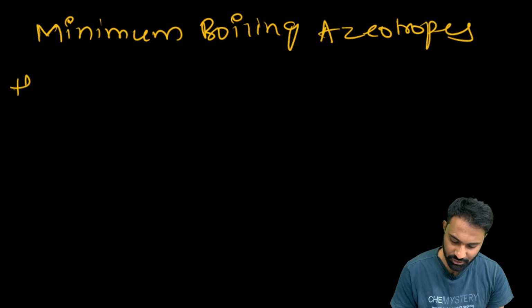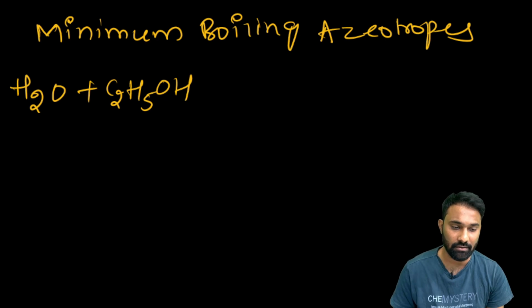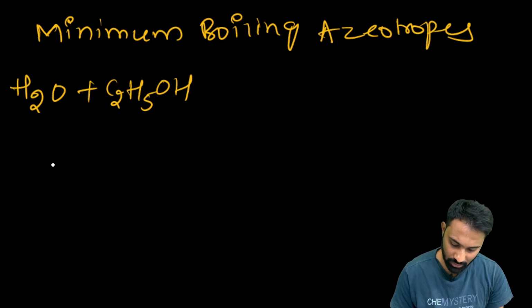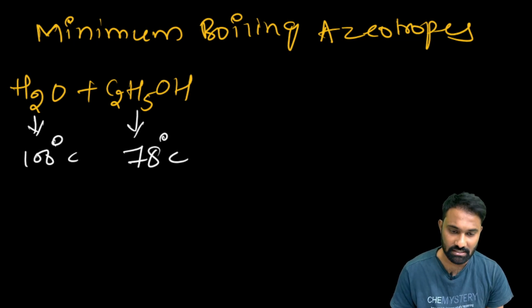Example, H2O plus ethanol. Normally H2O boiling temperature is 100 degrees Celsius. Ethanol boiling temperature is 78 degrees Celsius. Clear?